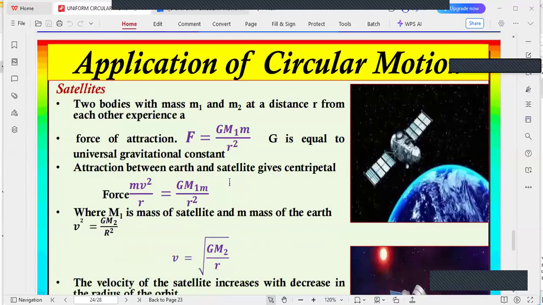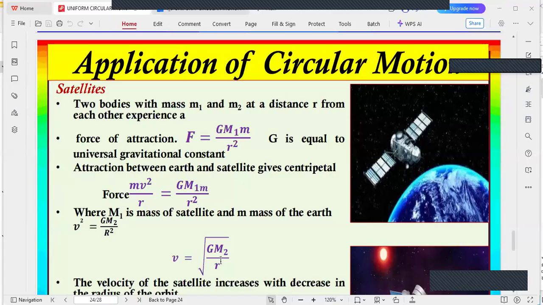Now, since F equals mv squared over R, we need to find V, the speed of the satellite. So when we make V the subject, mass of the satellite cancels on both sides. R cancels one of the R's. Then V will be the root of the universal gravitational constant times mass of the Earth over R. I think this should be mass of the satellite.